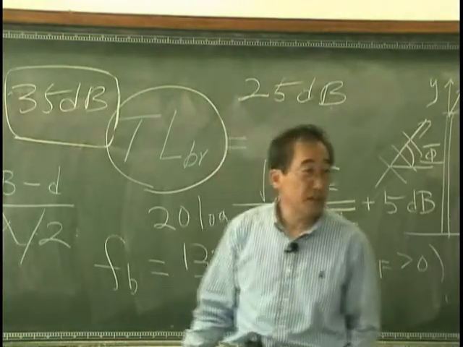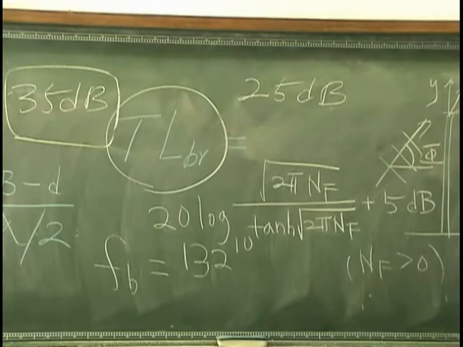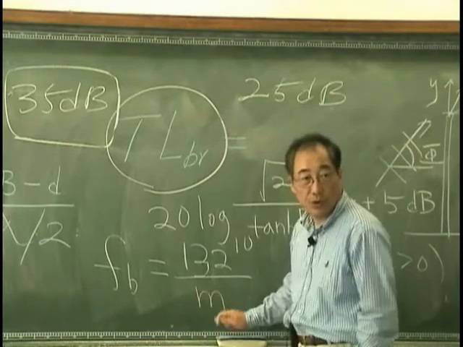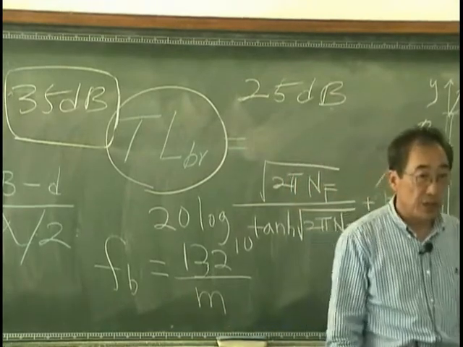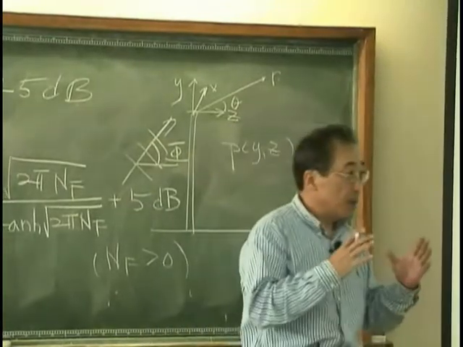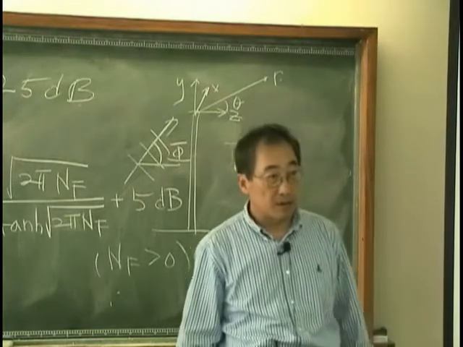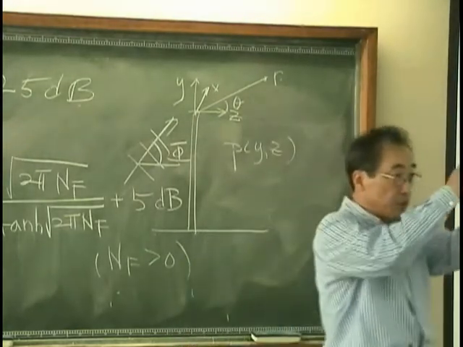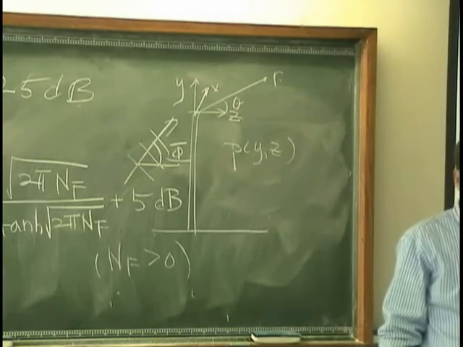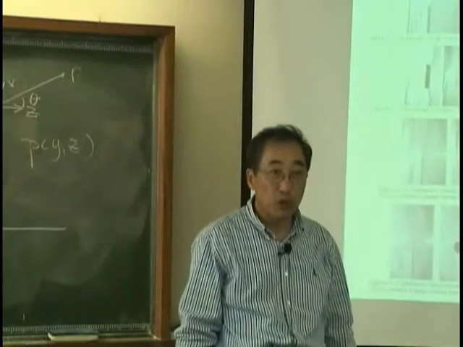Because we are handling dB, 132, 123, 130, that's okay. Divided by mass per unit area. So suppose I pick up the brick. So how much would the brick per square meter be, the mass would be more than 1 kilo, right?